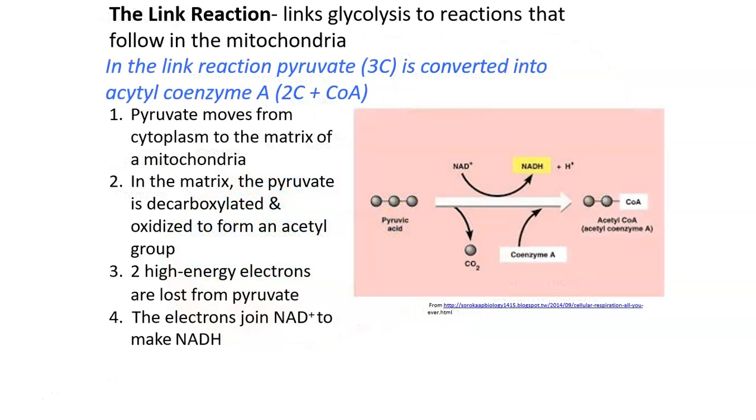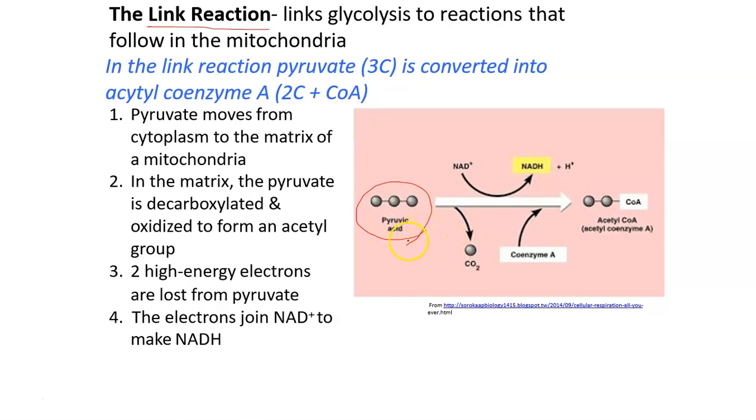Okay, this is the first reaction, which is called the link reaction. It's very simple. In the link reaction, pyruvate or pyruvic acid, because it loses the proton or hydrogen, it becomes an ion. So that's why we can say pyruvic acid becomes pyruvate. This is a little more chemistry.